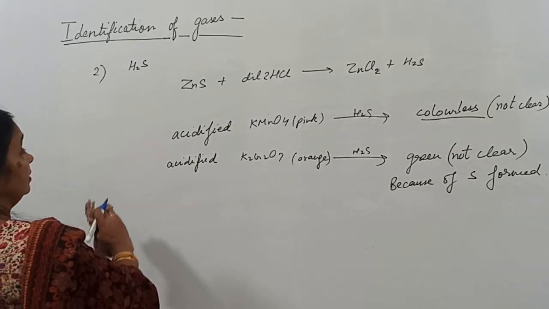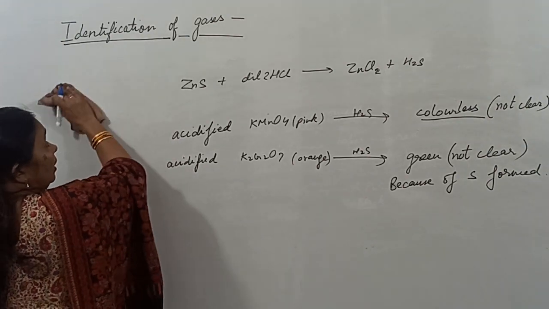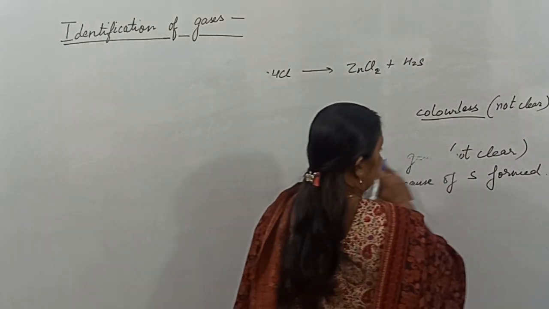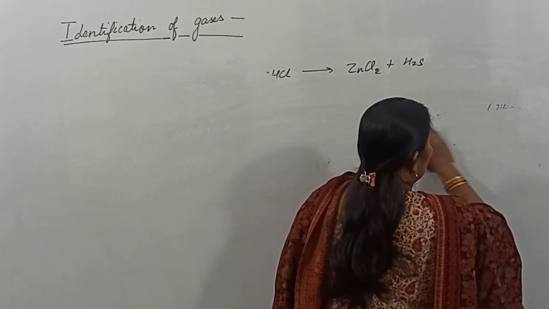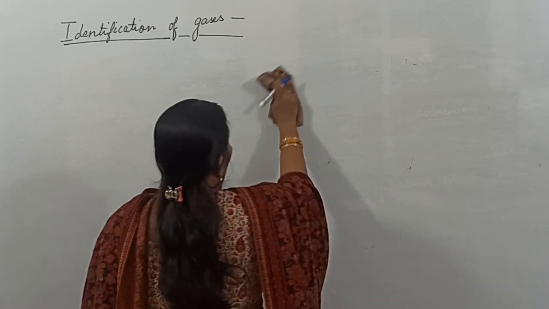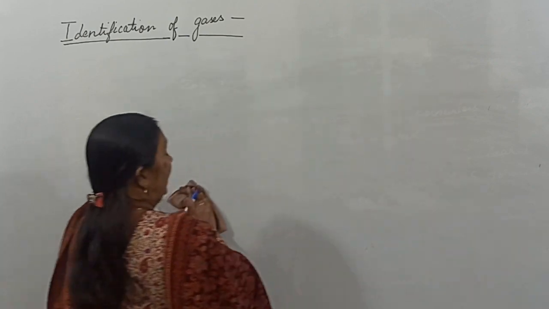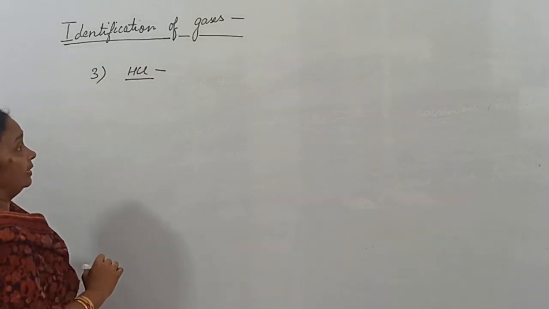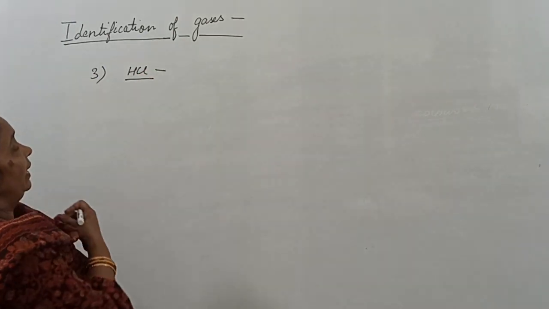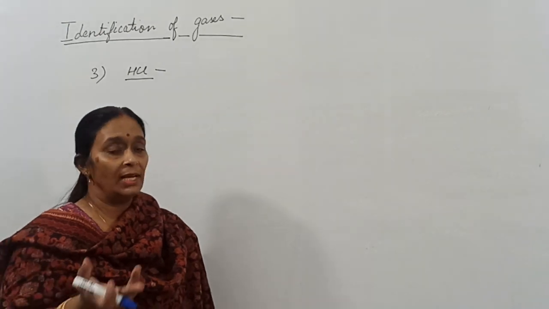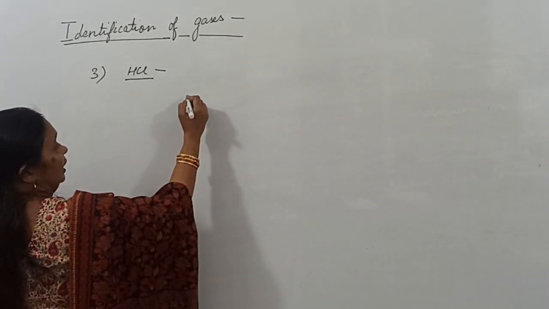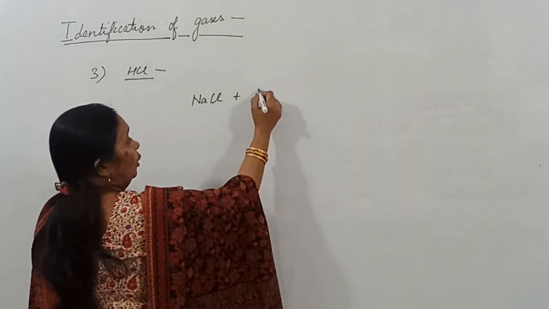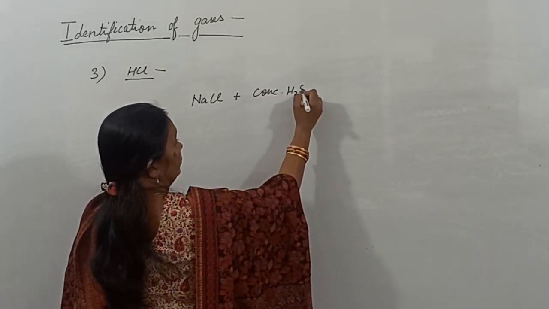Now the next gas we are going to take is HCl, hydrogen chloride. HCl is a gas. Let us see how you can prepare HCl. HCl can be prepared in the lab by using NaCl and concentrated H2SO4.